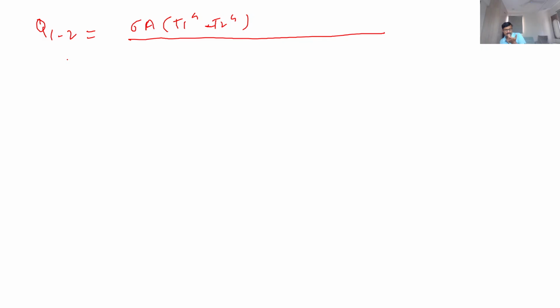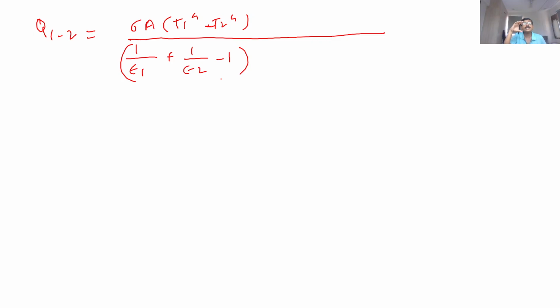So let's write the formula. Sigma A (T1 raised to 4 minus T2 raised to 4), divided by a long line you need to sketch because a number of things are coming at the bottom denominator. 1 upon epsilon 1 plus 1 upon epsilon 2 minus 1. This formula belongs to what?